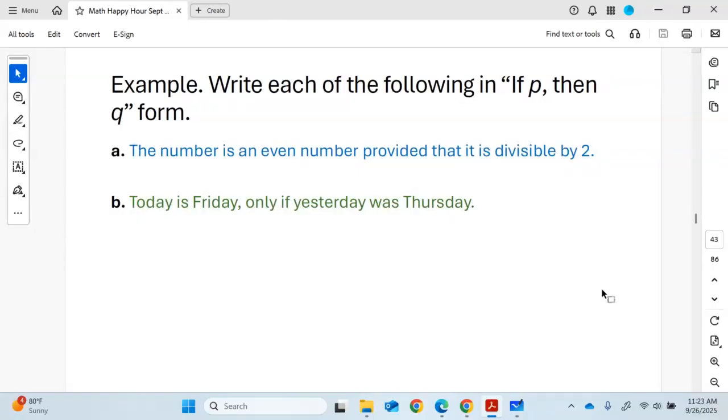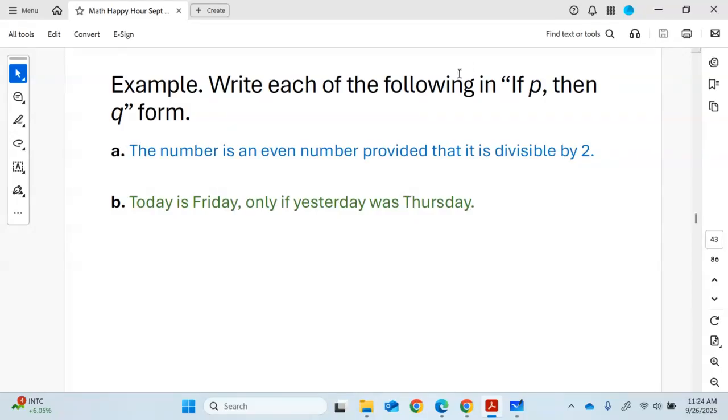So an example of rewriting the statement in a different way would be this: here I actually have statements where I don't see the if and then. I don't have those prepositions. But instead, A says the number is an even number provided that it is divisible by 2. And as soon as I read provided, I remember this is a conditional statement.